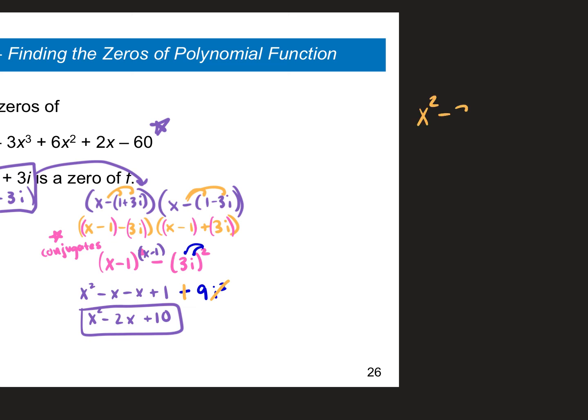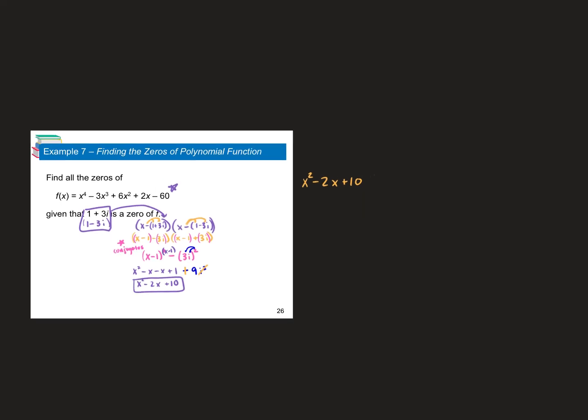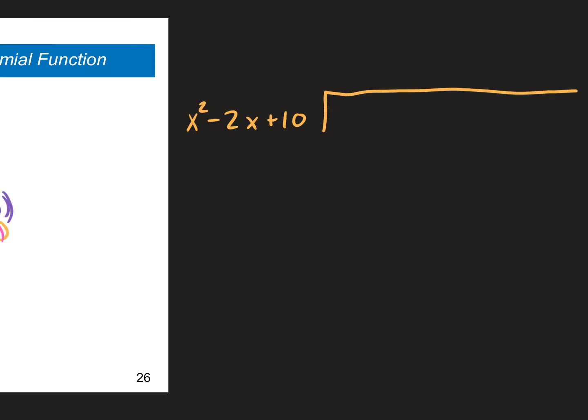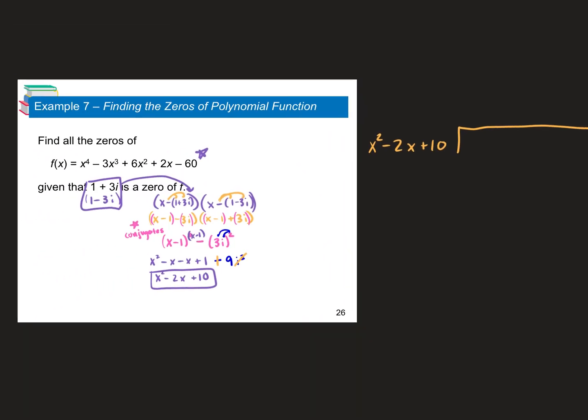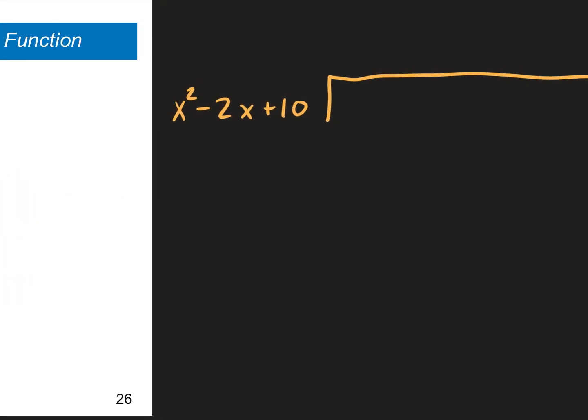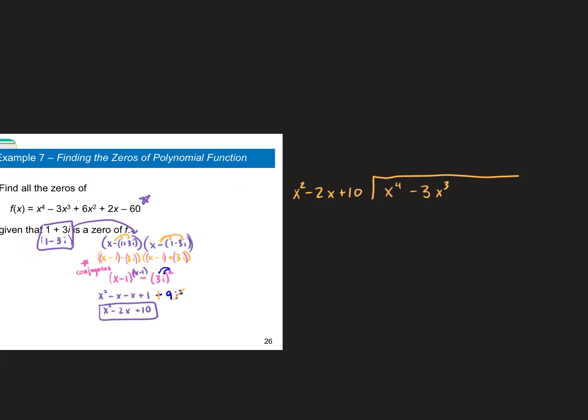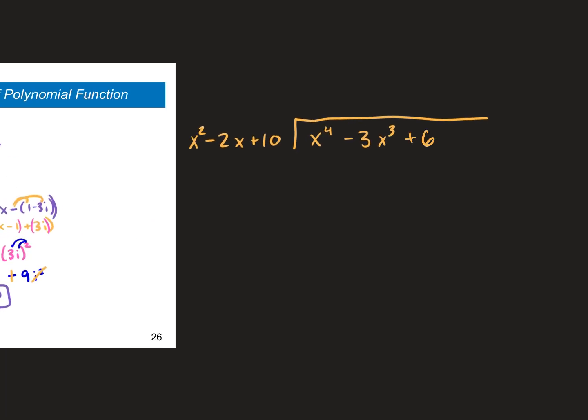So x squared minus 2x plus 10 goes on the outside, and then that whole polynomial goes on the inside. So x to the fourth power minus 3x cubed plus 6x squared plus 2x minus 60.